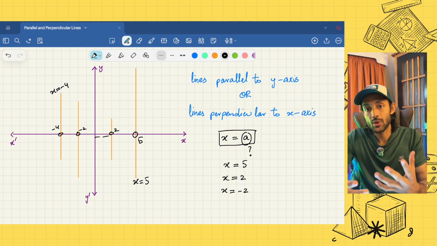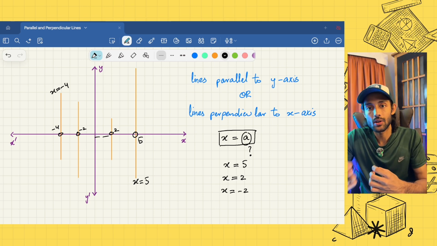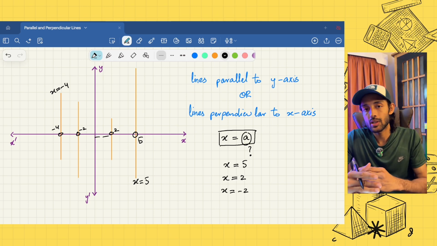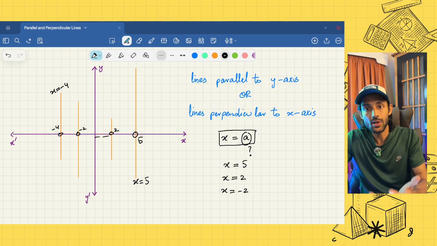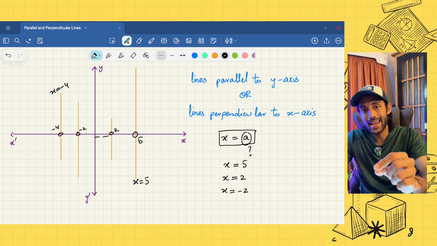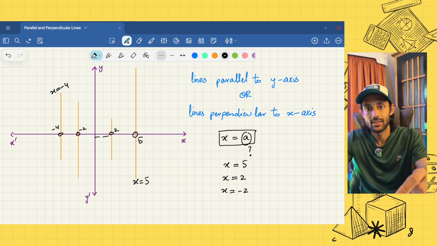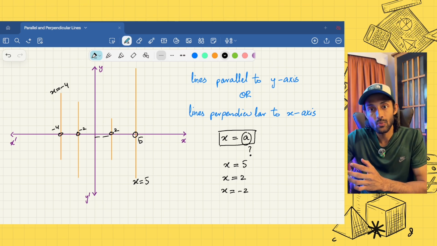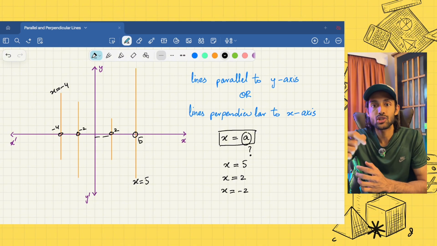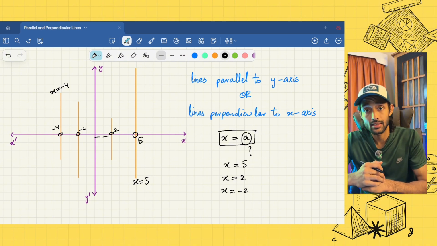And if a line is vertical, obviously it will cross the x-axis. So the equation will always be in the form x equal to some value. Because the lines are vertical, they will cross the x-axis at a certain point. So you will write x equal to some value, and that some value will be the point at which the line is crossing the x-axis.